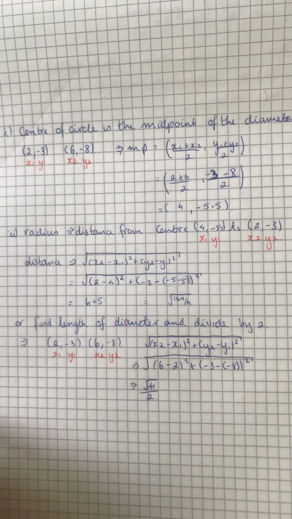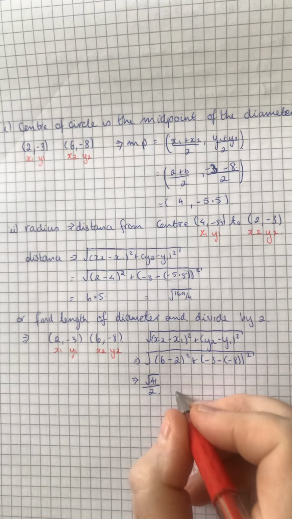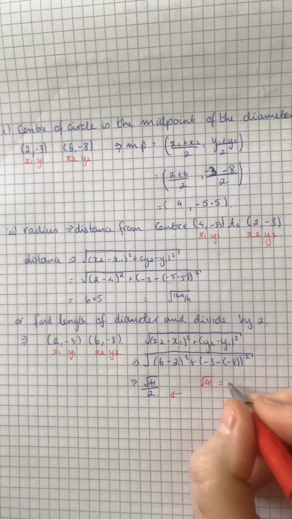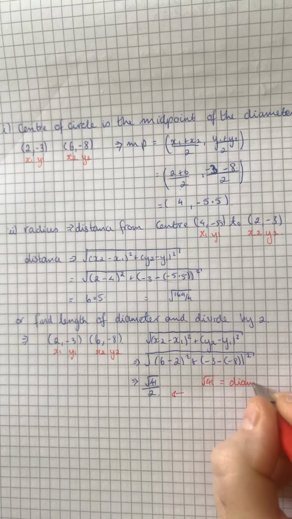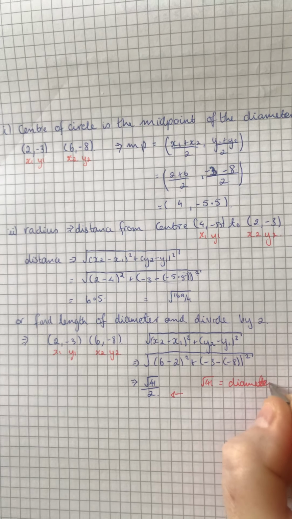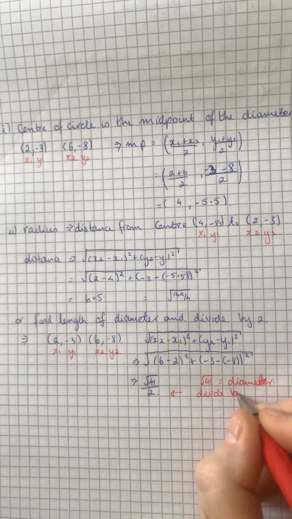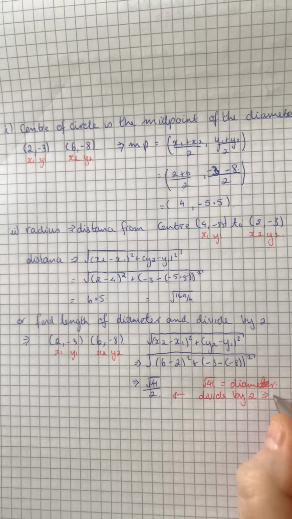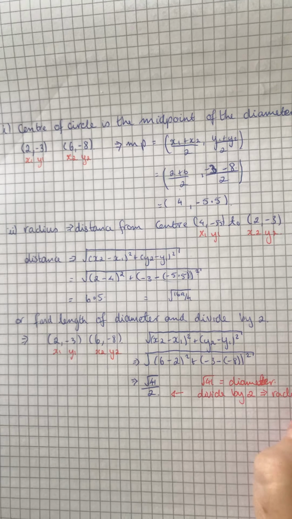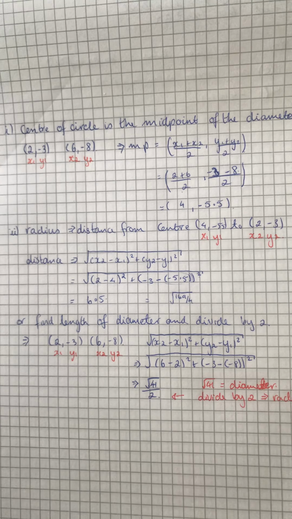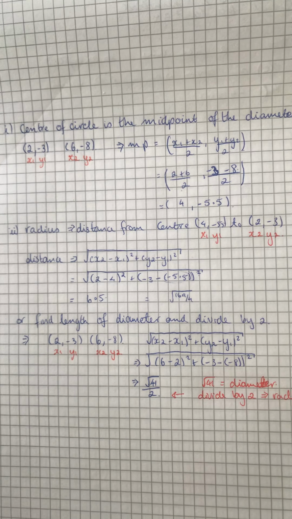Why is it over 2 there? The square root of 41 is equal to the diameter. And then I divide by 2 to get the radius.